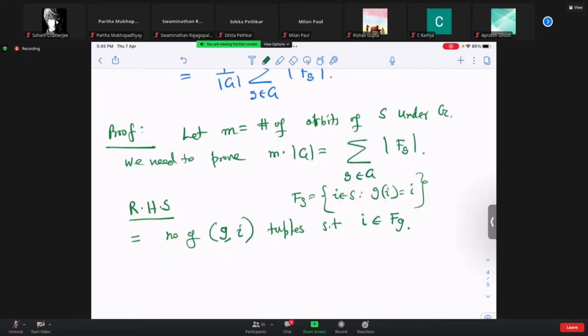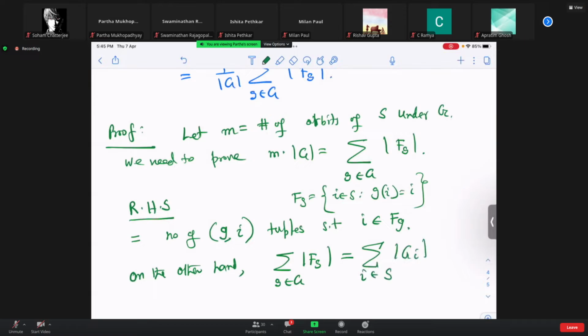So on the other end, I need to count it from two sides. If you stare at this equation, counting from two sides, this is also the same as the summation over i belonging to S of |G_i|. Because what is the summation over i belonging to S of |G_i|? This is also counting the tuples (g, i) such that g fixes i.